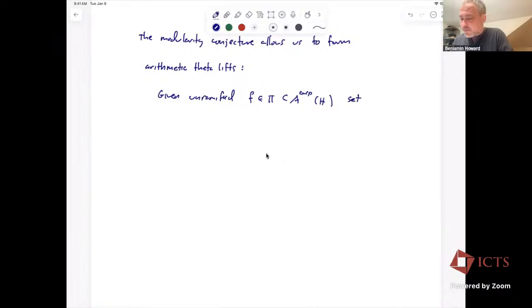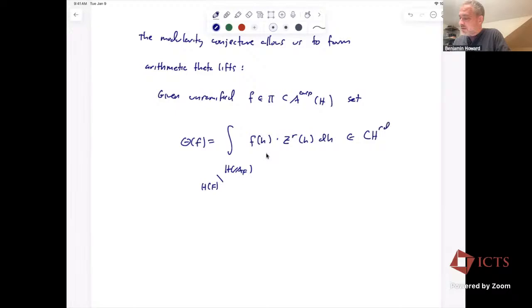So its arithmetic theta lift, theta of f, would be the integral of this cusp form against this function valued in the Chow group to get a cycle class in middle codimension.